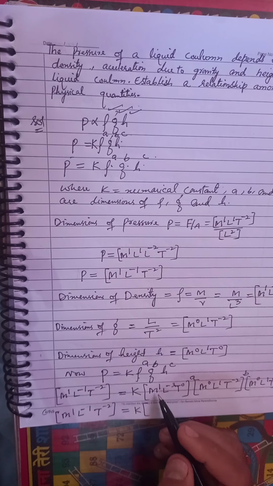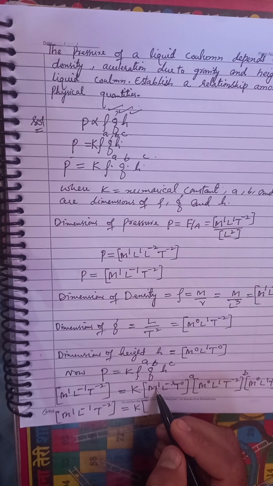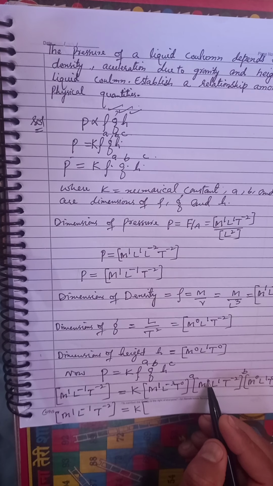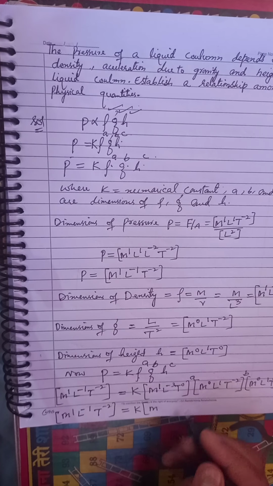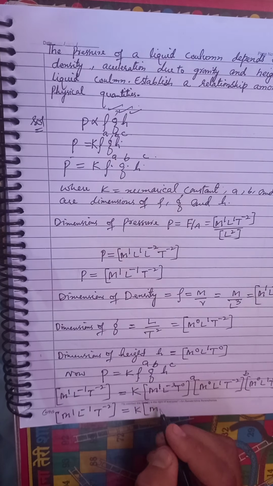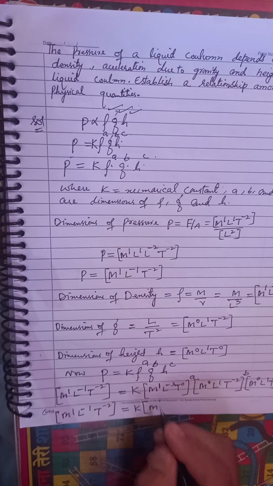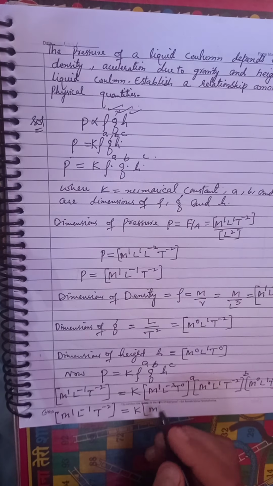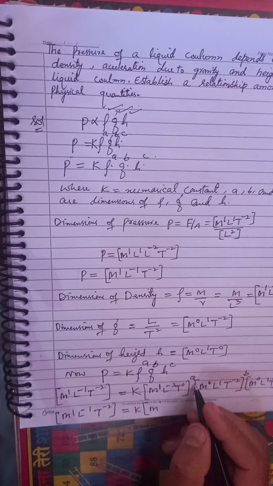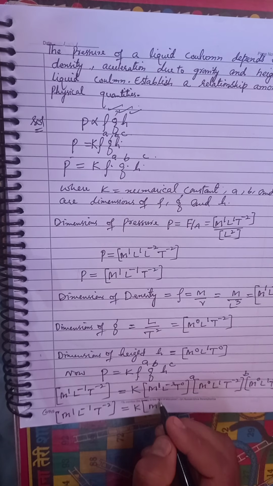Now here, mass raised to power 1, mass is present by one time here, and it's absent here. The bases are the same, so we add the powers. First we substitute the a: this will be M raised to power a, L raised to power minus 3a, T raised to power a into 0, that will be equal to 0.